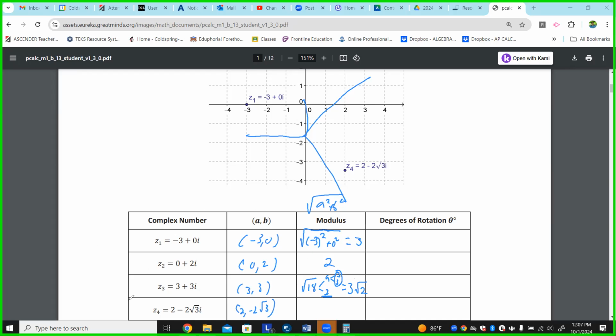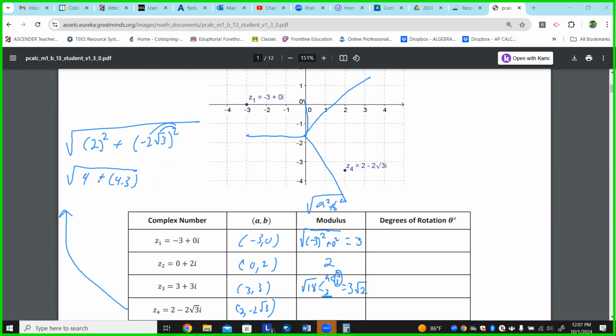All right, this next one's going to be a little bit more, so I'm going to write it up here. So I get the square root of 2 squared plus -2 square roots of 3 squared. Now, when I do this work, what is 2 squared? Very good. Now, when I apply this square, I've got to apply it to both. What is -2 squared? 4. And then what's the square root of 3 squared? 3.